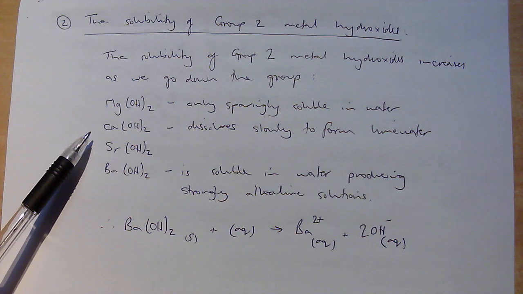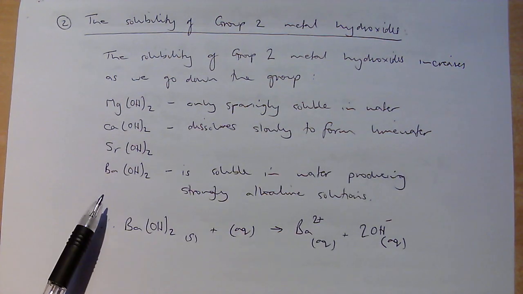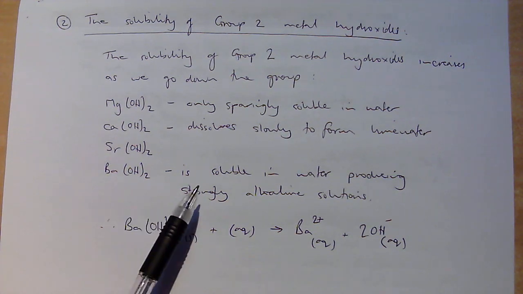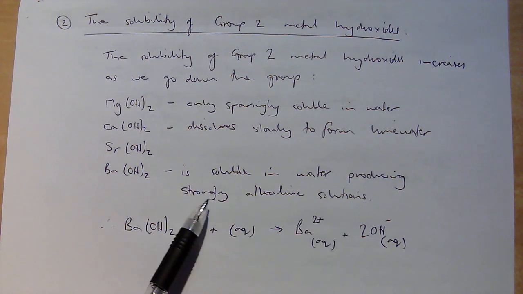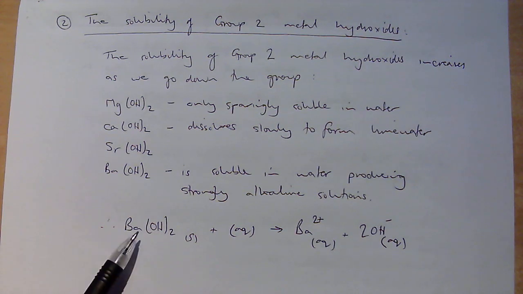Calcium hydroxide dissolves slowly to form lime water, and then barium hydroxide is soluble in water, producing strongly alkaline solutions. When you dissolve barium hydroxide in water, the solid fully dissociates to make barium ions and hydroxide ions. So barium hydroxide is very soluble in water.